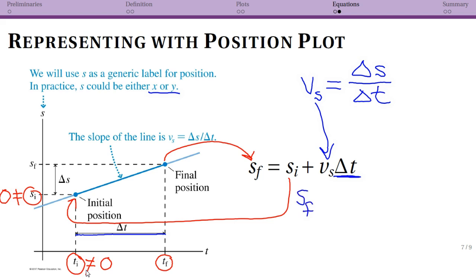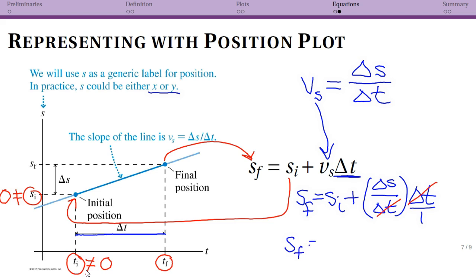This now would say that our final position is equal to our initial position plus change in position over delta t times delta t. Well, you can think of this as delta t over 1, so this delta t and that delta t cancels. So in the end, we just say that our final position is equal to our initial position plus our change in position.